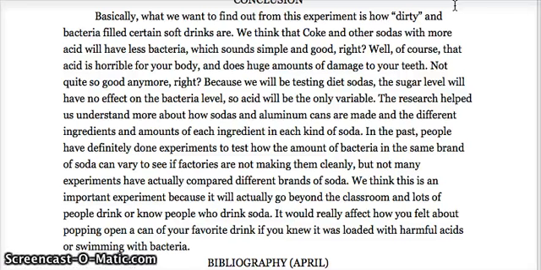So it's kind of a tricky subject, because you may want to drink soda with less bacteria, but that also means that it has lots of phosphoric acid, which is really bad for you.